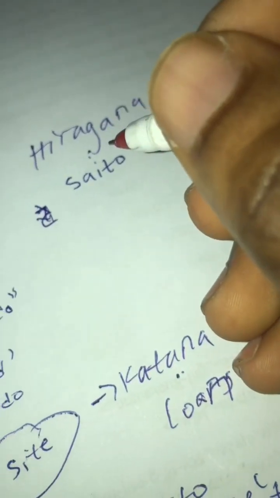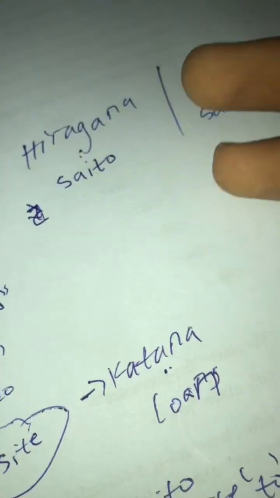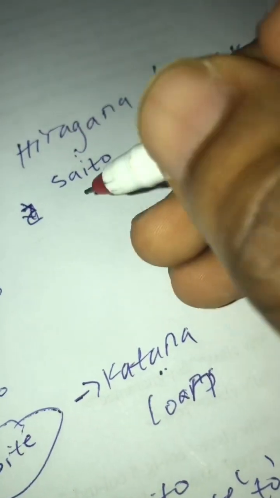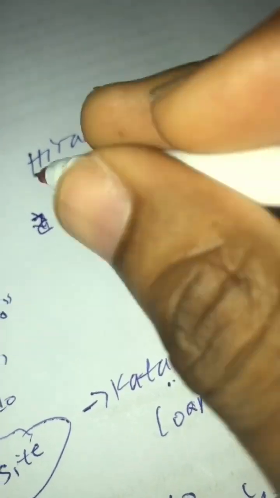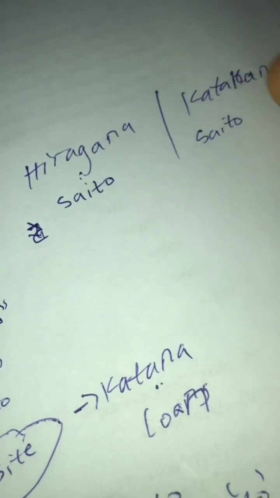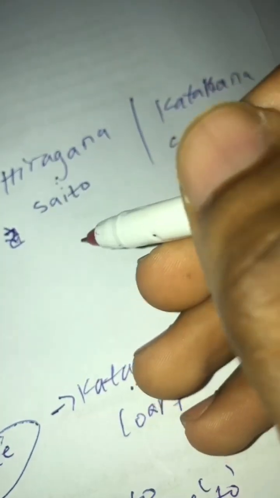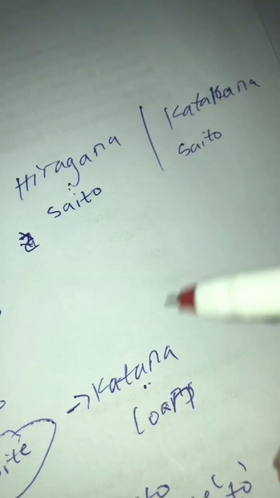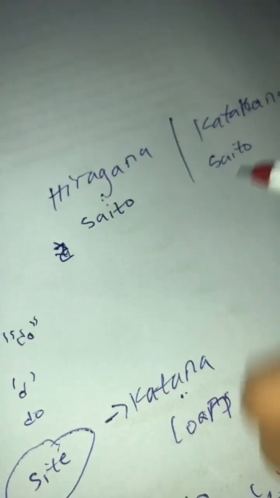If you are texting someone, you have noticed that in Japanese there are three lettering systems: hiragana, katakana, and kanji. But kanji is kind of different because, unlike hiragana and katakana that represent the way sounds are pronounced, kanji is on another level, it represents ideas. But this video is just for hiragana and katakana.